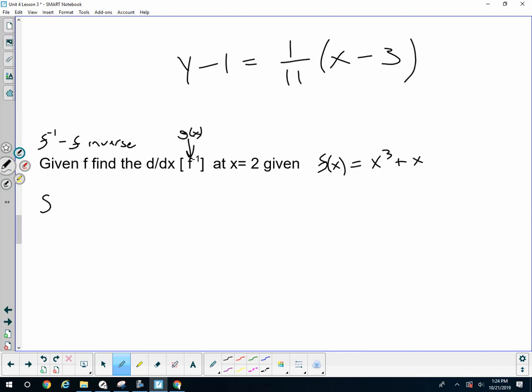We got to understand that f of f inverse still follows. This is no different than g. So don't get stuck on always using g. f and f inverse will have the same situation. g is the inverse of f. Okay, so understanding that, I want you to find f inverse prime at 2.